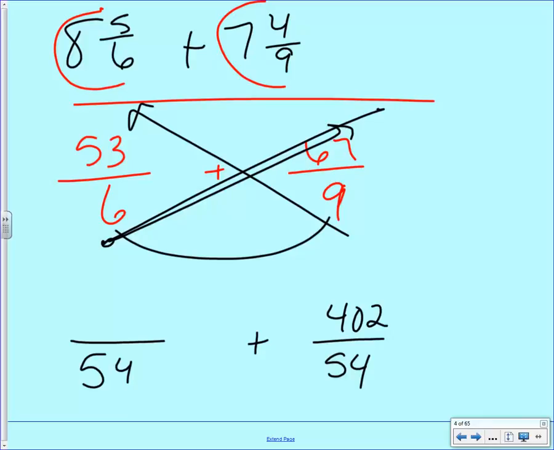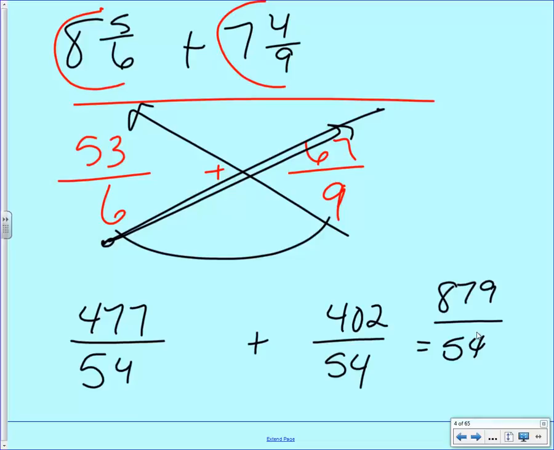On the left, I do 53 times 9, and I worked from the bottom to the left side, and so 477 goes on the top on the left. The denominators are the same, so 54 comes over, and I'm going to add 477 plus 402, and I get 879.